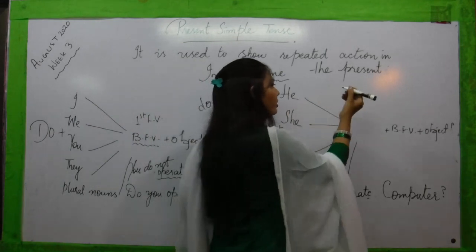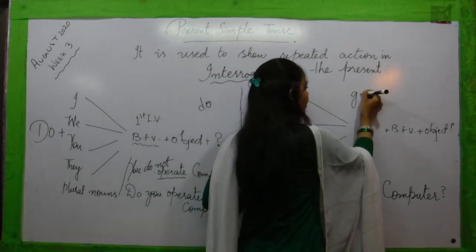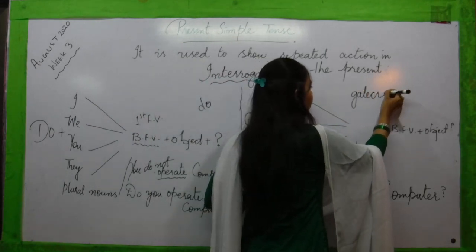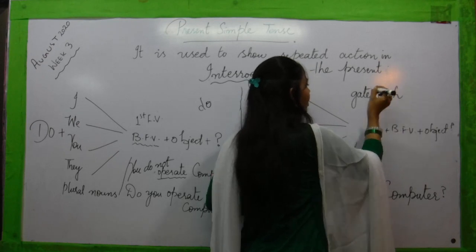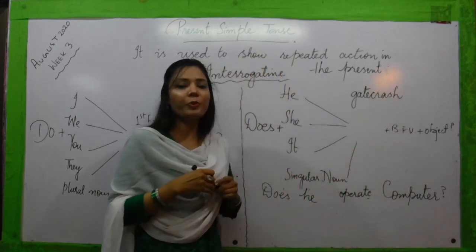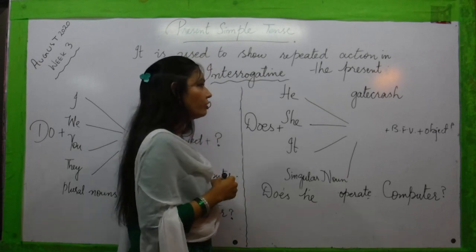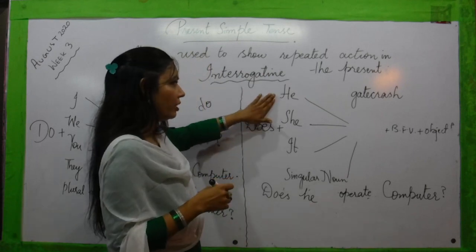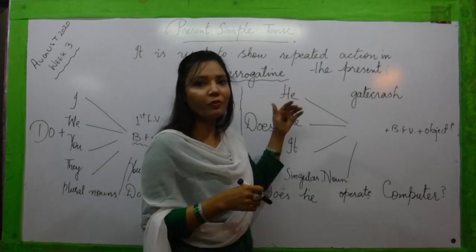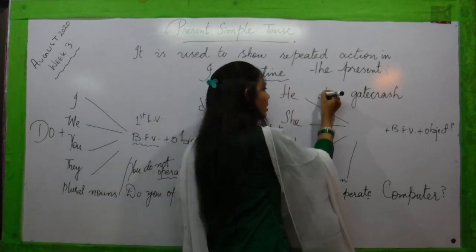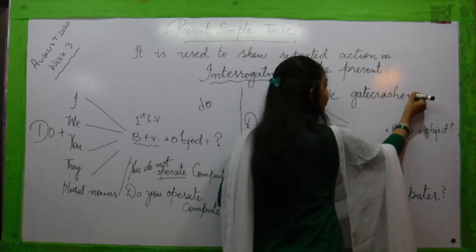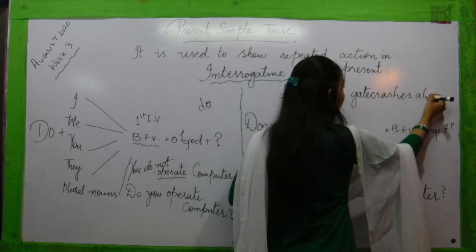There is a word gate crash. That means to become an uninvited guest. Let's make some more sentences using it. He, affirmative, how would we be making? He gate crashes at party.